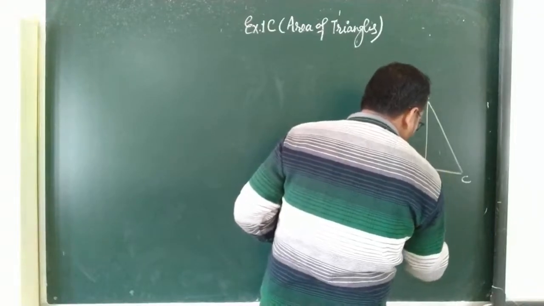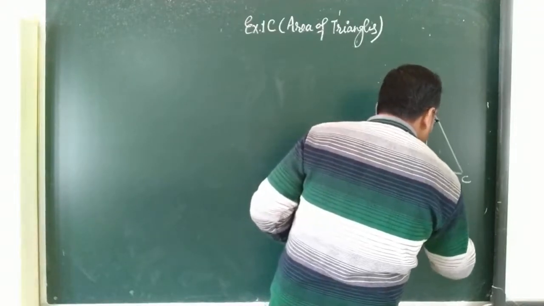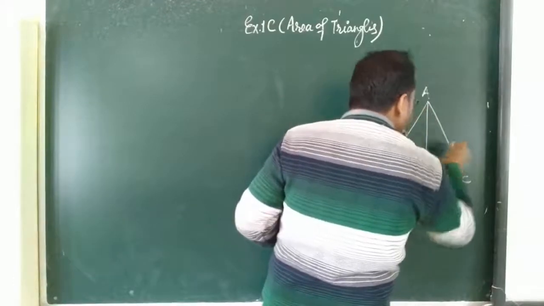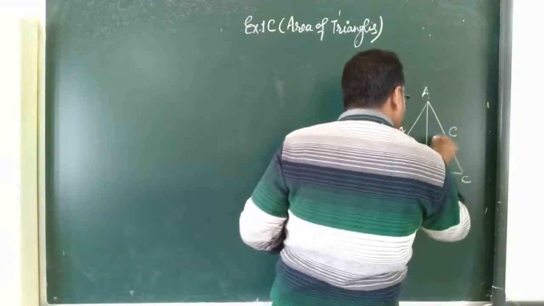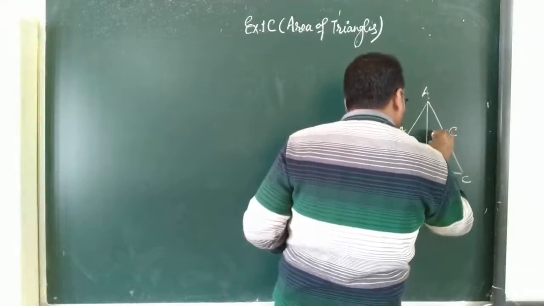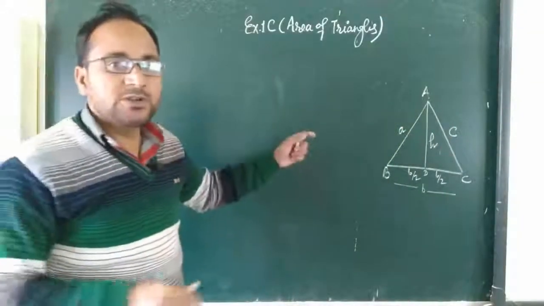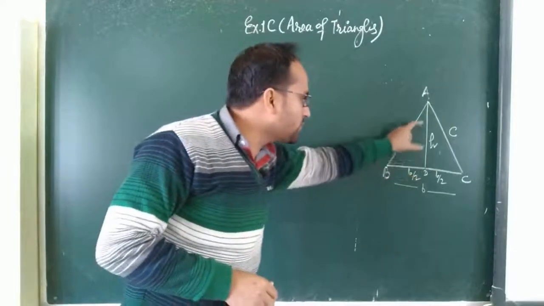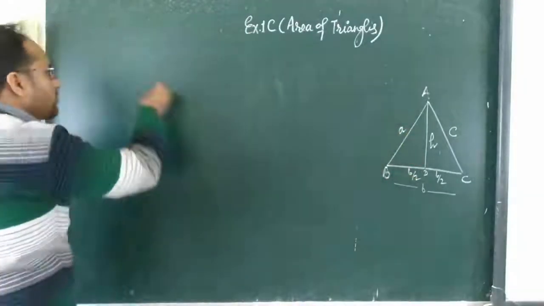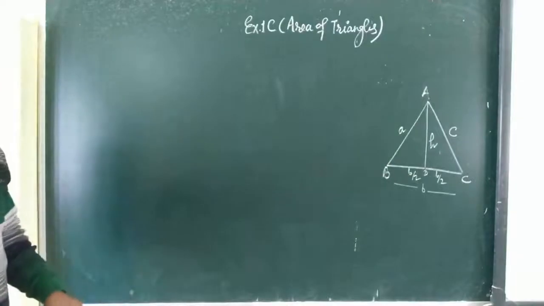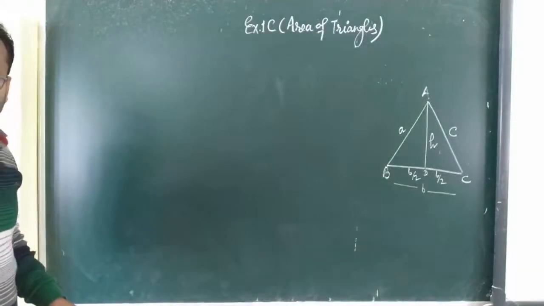If this total is b, then this part is b by 2 and this one is also b by 2. This is AC, and this one is h. If you find the value of this one, then you will get the formula. So no need to find these things, you can directly use the formula for this isosceles triangle.